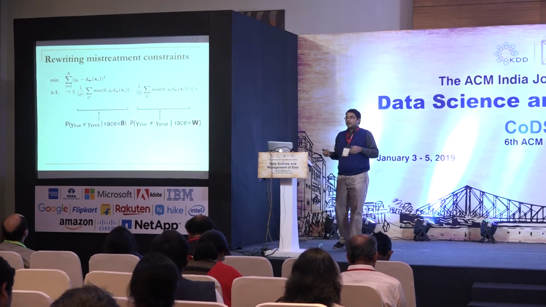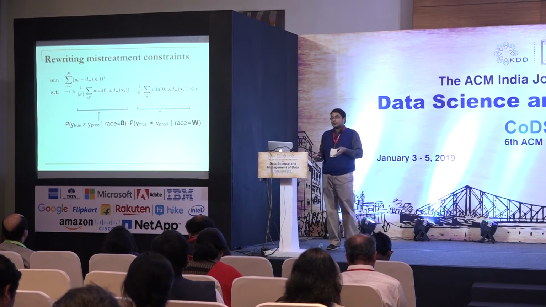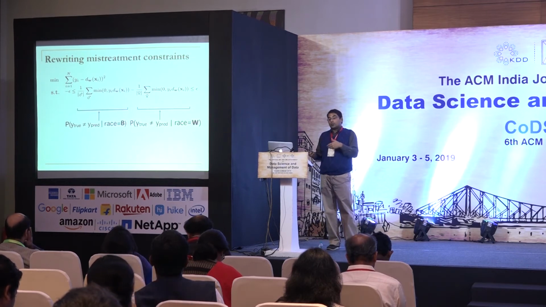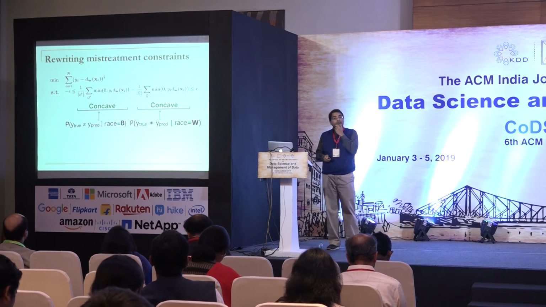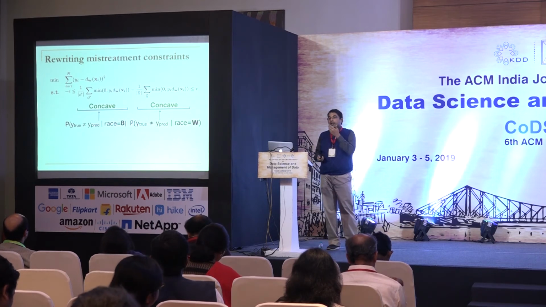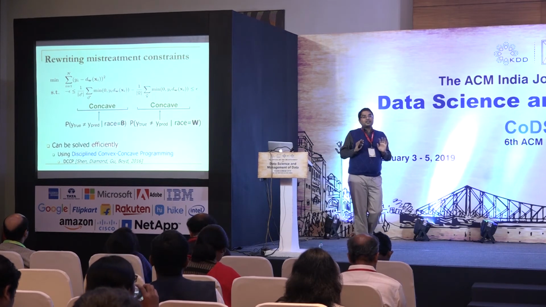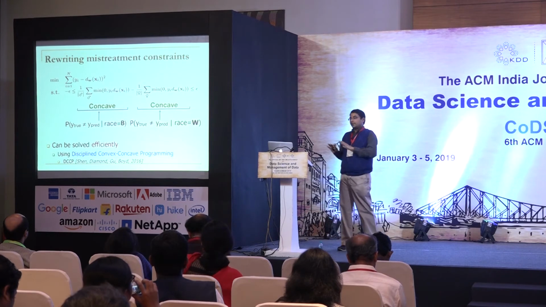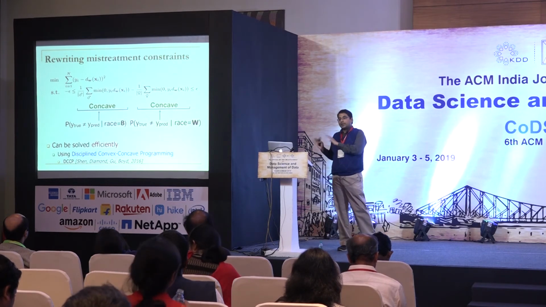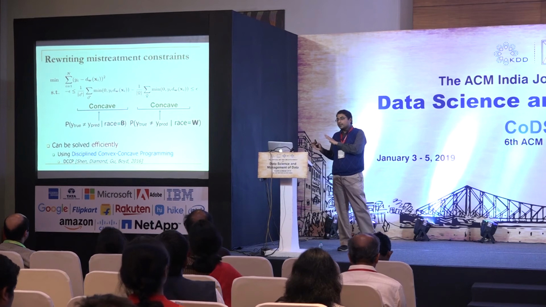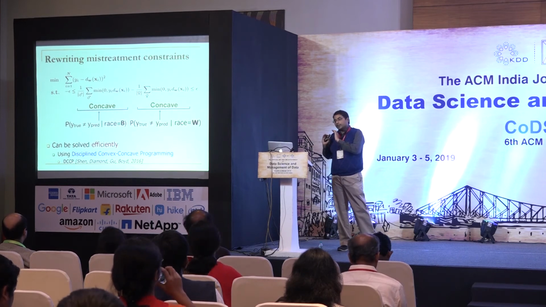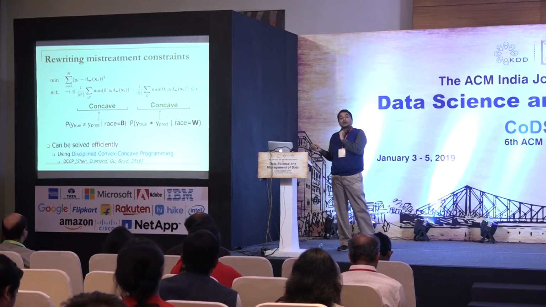The second thing that I did is I simply replaced the probabilities, which are capturing the error rates, with these concave loss functions. Now, the problem formulated this way can actually be solved efficiently. This is because of some fantastic work done by people at Stanford, Stephen Boyd's group, where they came up with techniques that can be used to solve convex-concave programming.